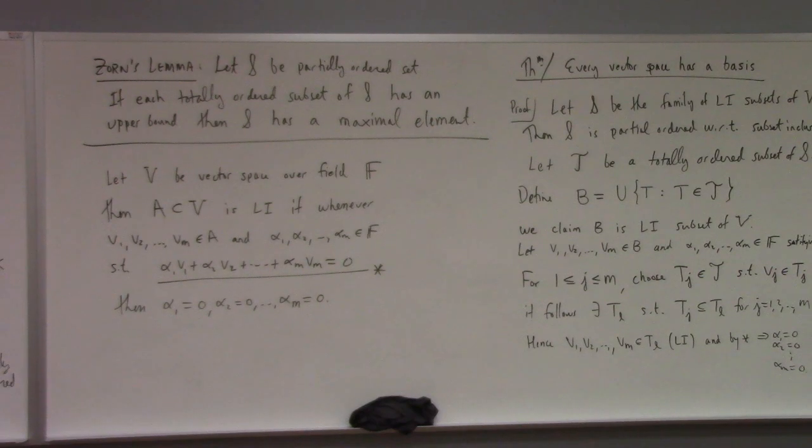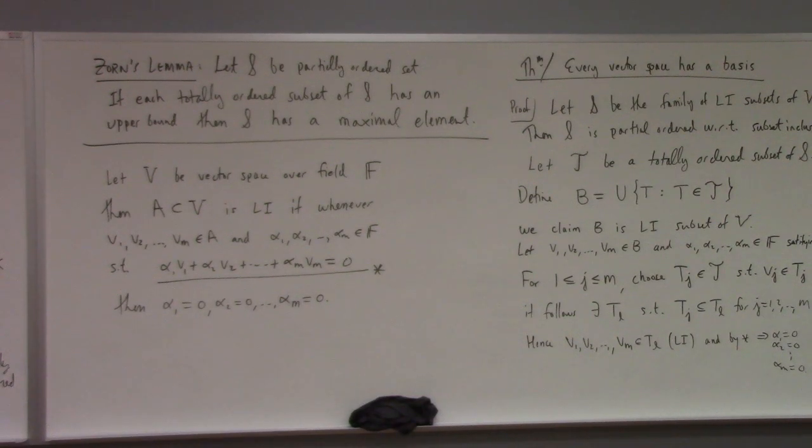Well, what's his notation? Oh, he chooses notation that he's just basically saying something like alpha j vj plus and so on up to alpha m vm equal to 0.